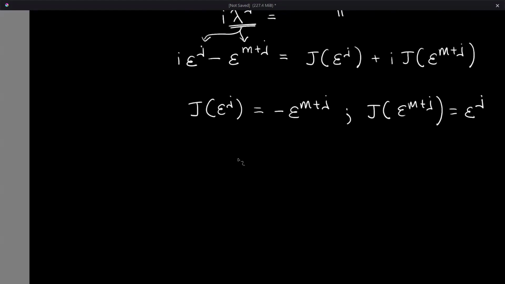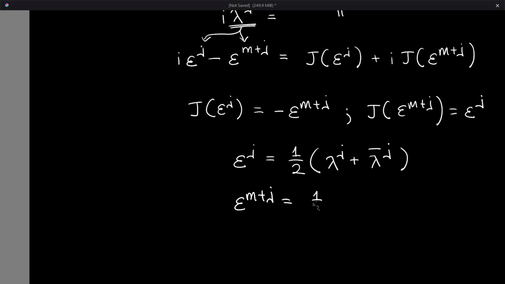Notice also that epsilon j is equal to this, which is standard for extracting the real and imaginary parts of a complex number. So we can do something like that. And to get m plus j, which is the imaginary part, we can do something like this.